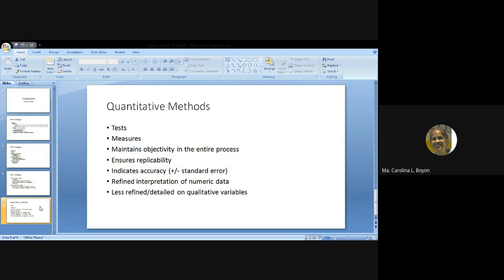Okay? So, with quantitative methods, we also are able to provide accuracy. When we declare, let's say, if you're trying to declare a behavior of a dependent variable, if you have an equation that approximates that variable, you do not assume that the quantity according to the equation will be fixed as to that quantity.